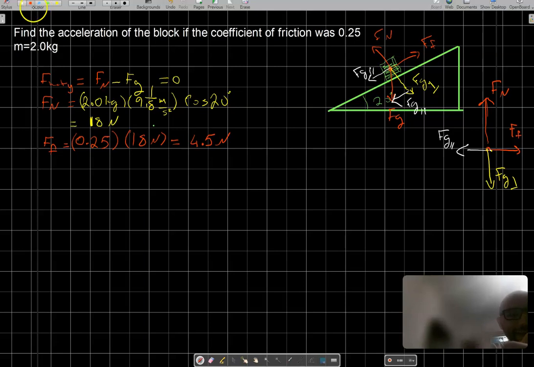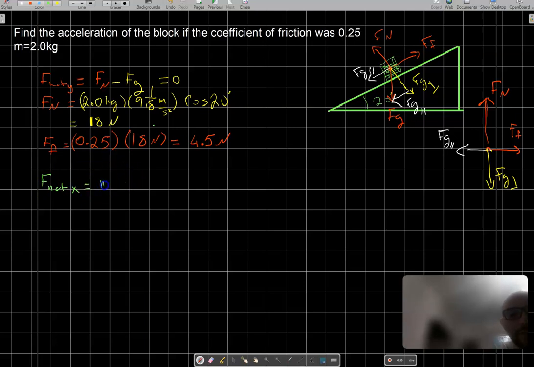But let's see what else we can use. Acceleration, we know it's an F net thing, because the net force is what decides what the acceleration of the object is. So we found the F net y, which was 0. Let's look at the F net x, or along the plane, the incline in this case.